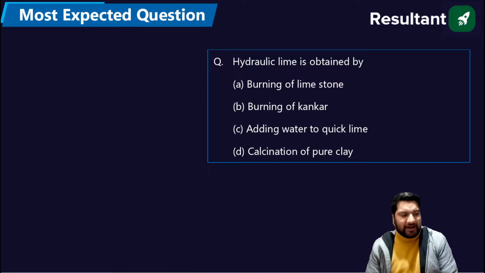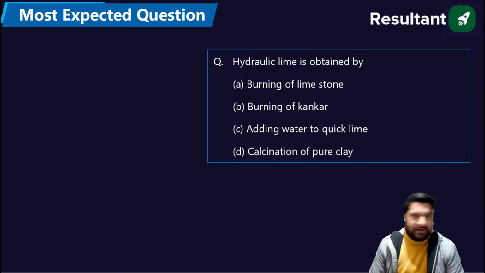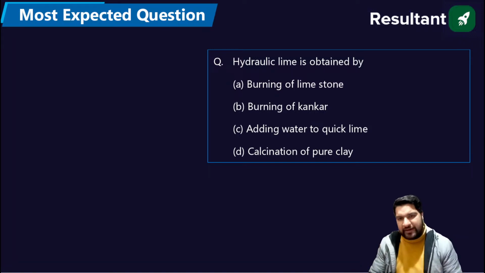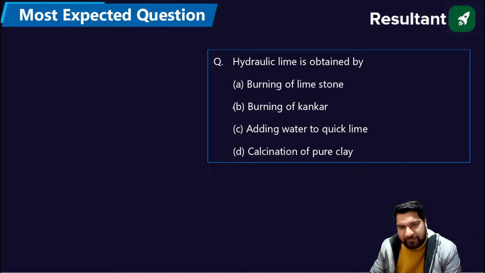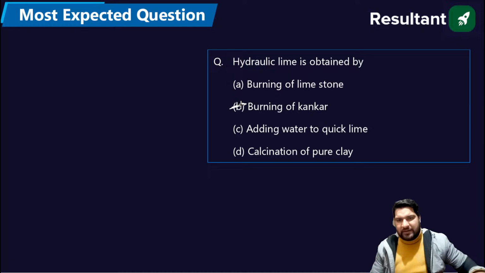And now we have hydraulic lime. It is obtained from calcination of the concur. So the right answer should be B, that is burning of the concur. B is the answer.